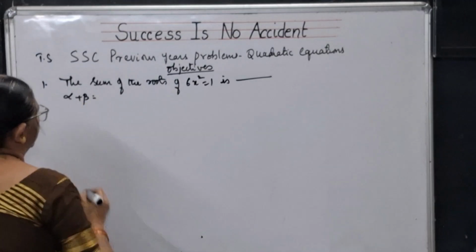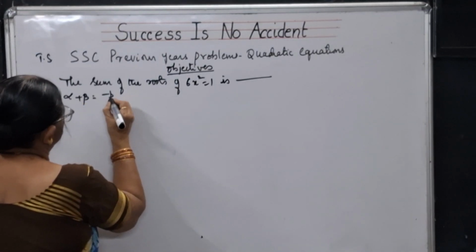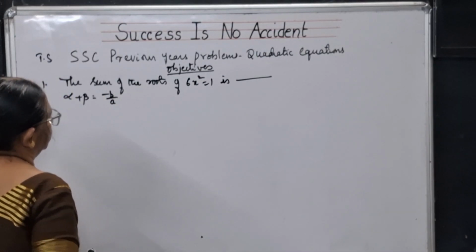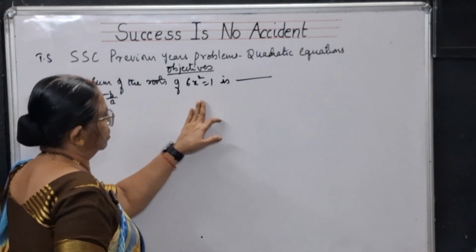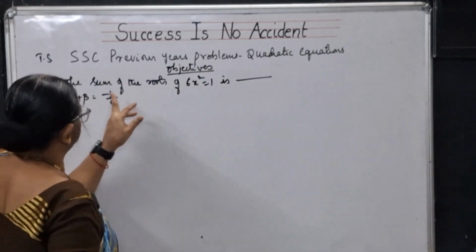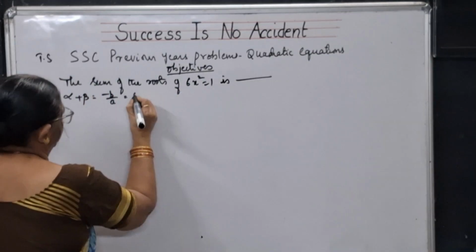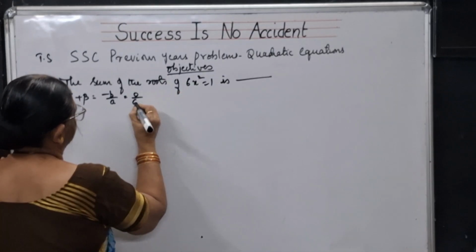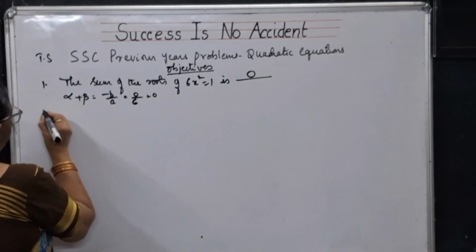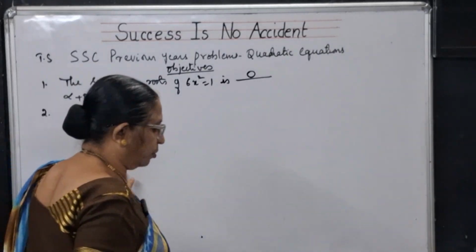Alpha plus beta. Alpha plus beta formula is minus b by a. What is b? B is the coefficient of x. But in this, there is no x. That means B value should be 0. 0 by a value 6 is 0. So its answer is 0. That is the first problem.